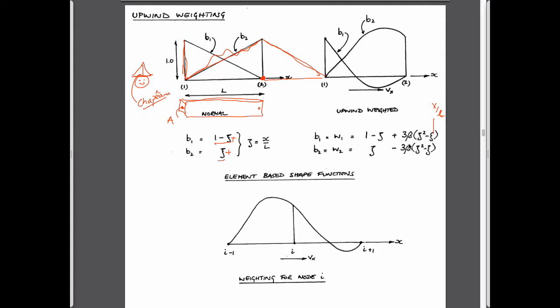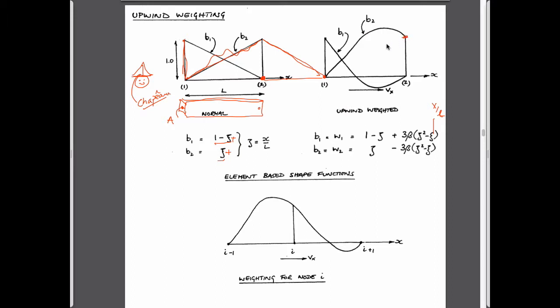If you look at the magnitudes of these shape functions, one key component, of course, is that at nodes 1 and 2, the values of x over L will either be 0 or L, and so independently the values of this second function are always null at either nodes 1 or 2. So it always gives you this ability to either be 1 or 0 at each of these locations.